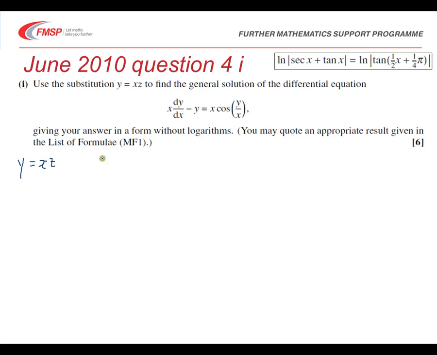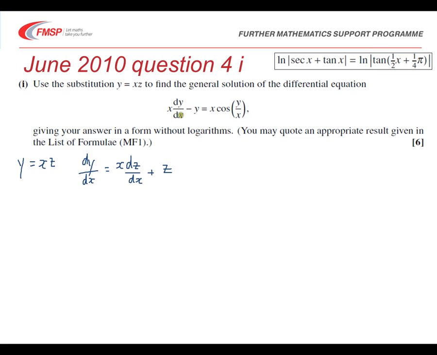If I differentiate through by x, I get dy by dx equals, and then I've got product rule again here, u dv by dx, x dz by dx, plus v du by dx, z times 1, and that gives me a form of dy by dx in terms of dz by dx just by applying the product rule there.